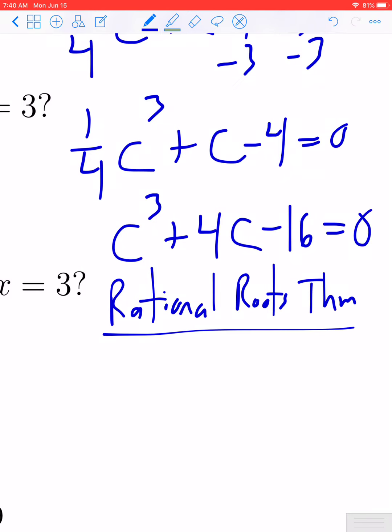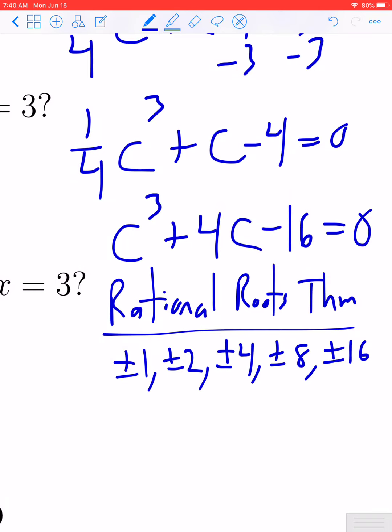The rational roots theorem tells us that the possible rational roots of this polynomial would be plus or minus 1, 2, 4, 8, or 16. They're the factors of the constant term divided by the factors of the leading term. If you go through the possibilities, you would find that the solution is c equals 2.